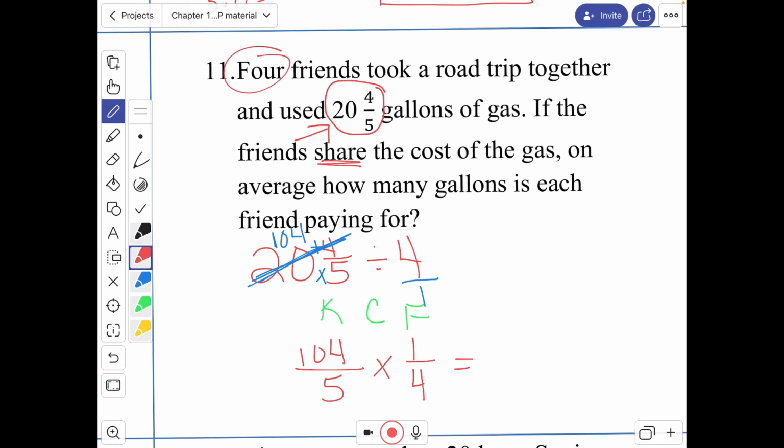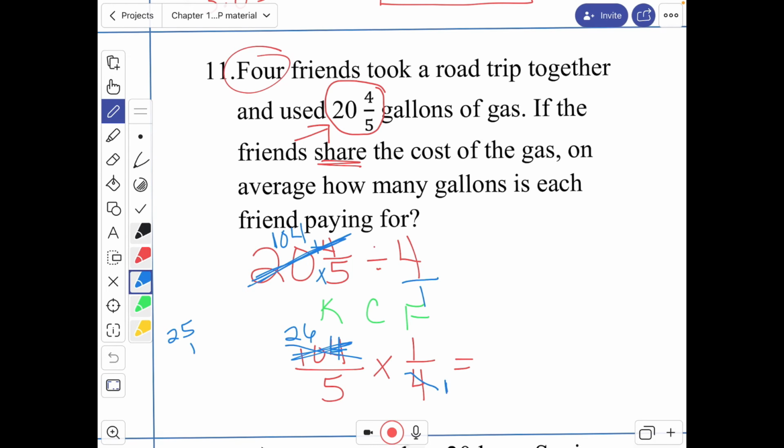We can simplify. 4 will go into 104. Well, how many times does 4 go into 100? Think about quarters. 4 would go into 100 25 times. And then 4 would go into 4 1 time. So that would make 26.